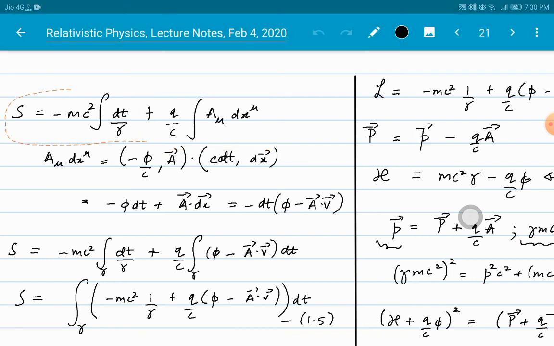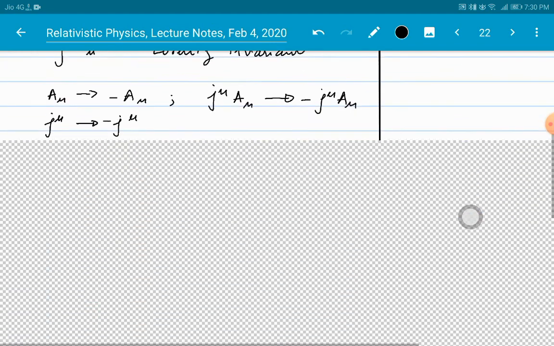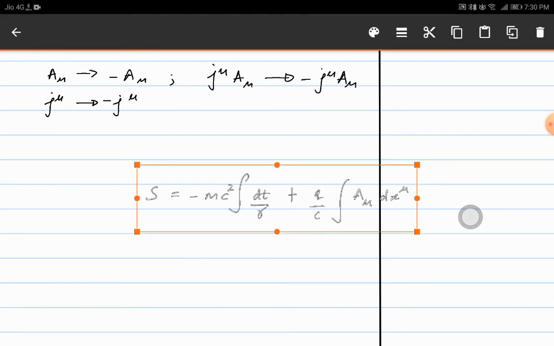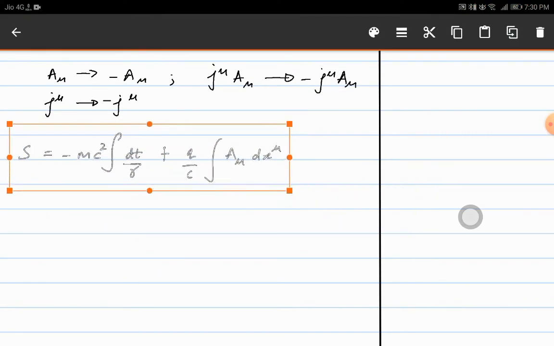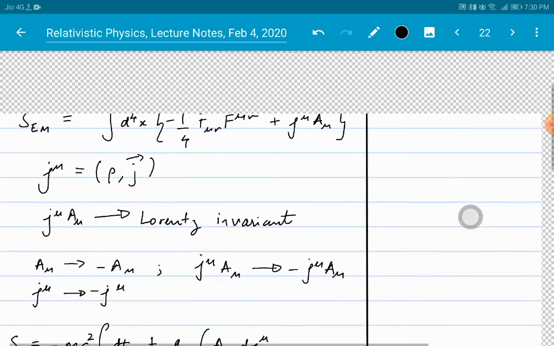And so finally, let me write down the action for a point particle coupled to an electromagnetic field, and which is given by this expression.